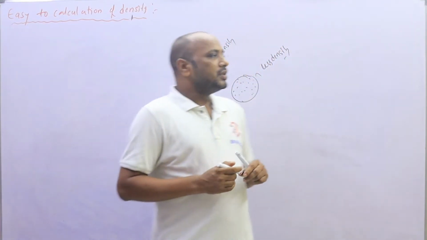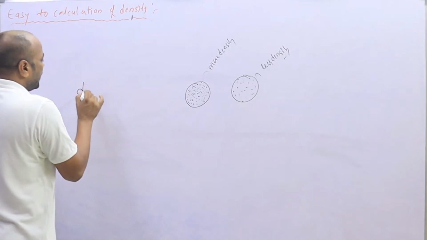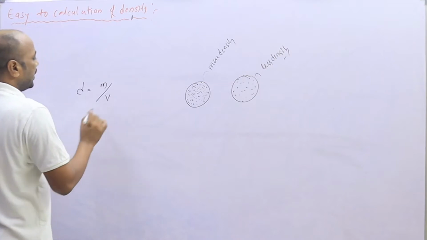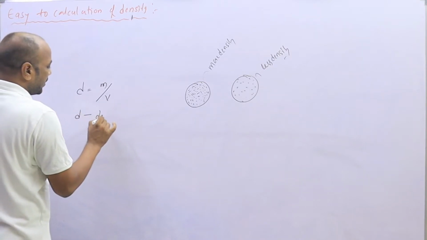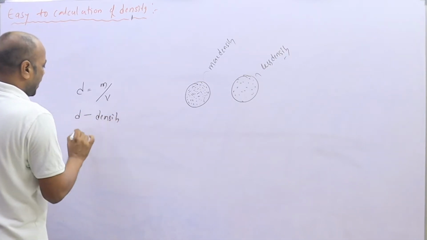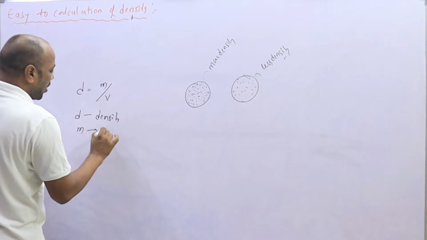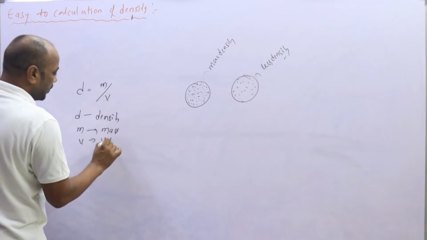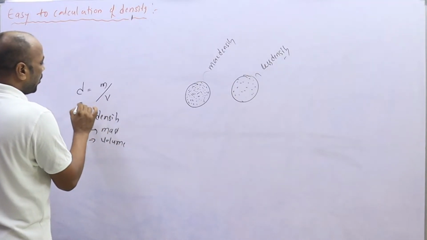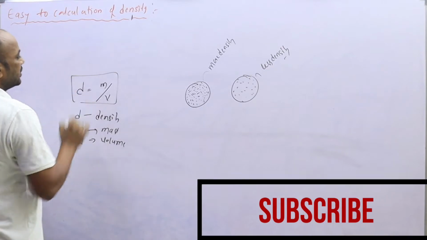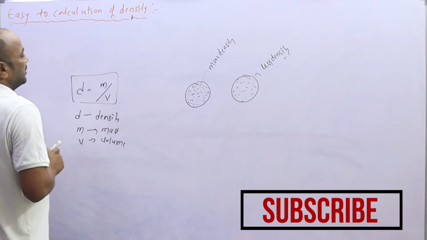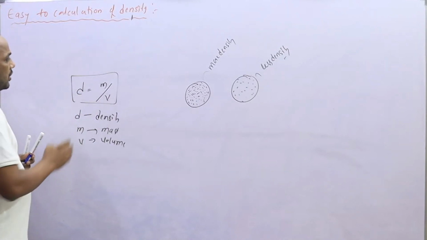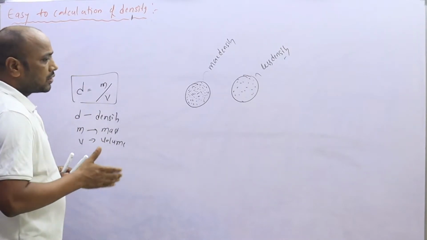The first formula is D is equal to m by v, where D represents density, m represents mass and v represents volume. This is the formula of density.